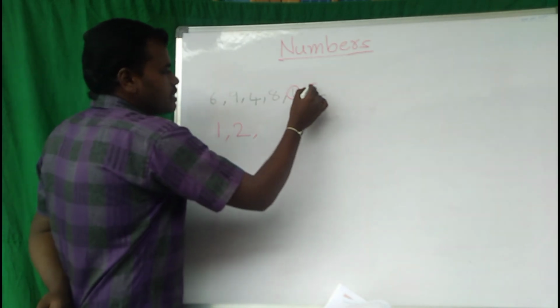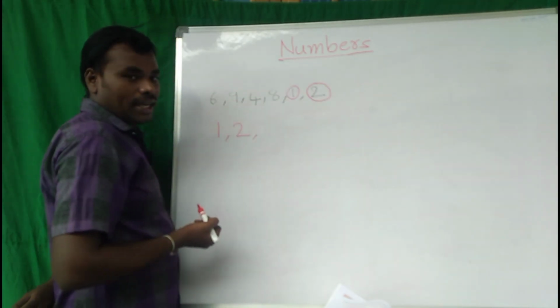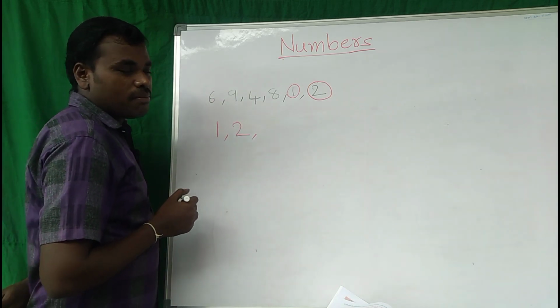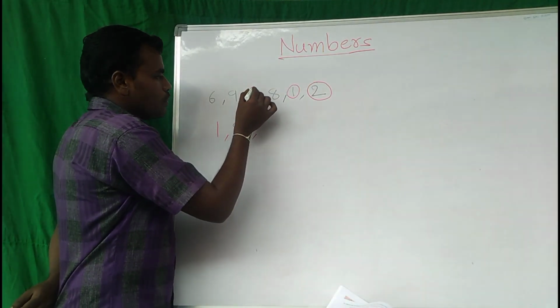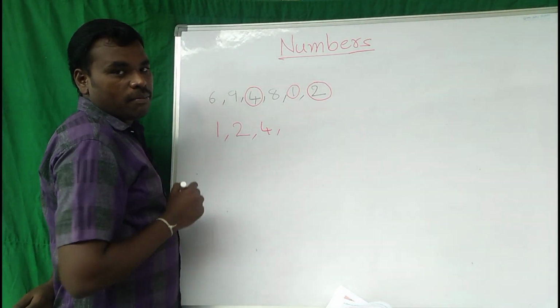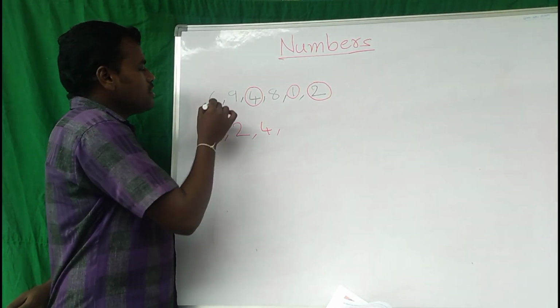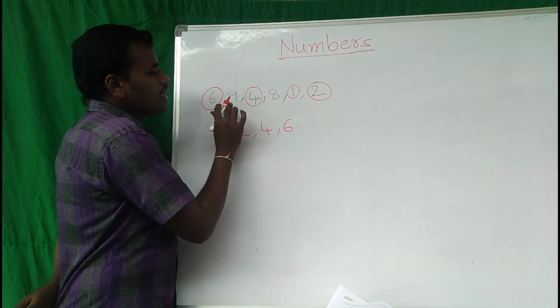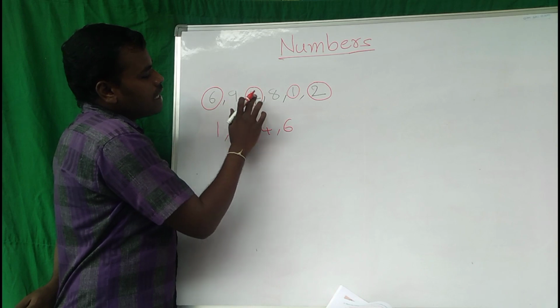Next, in the remaining numbers, which is the smallest? 4 is the smallest, so write 4. Then 6 is the smallest, so write 6. The remaining are 9 and 8.